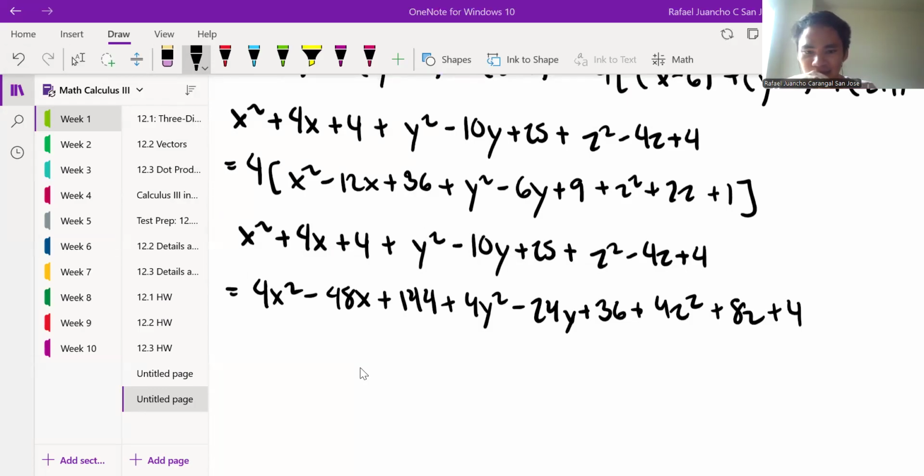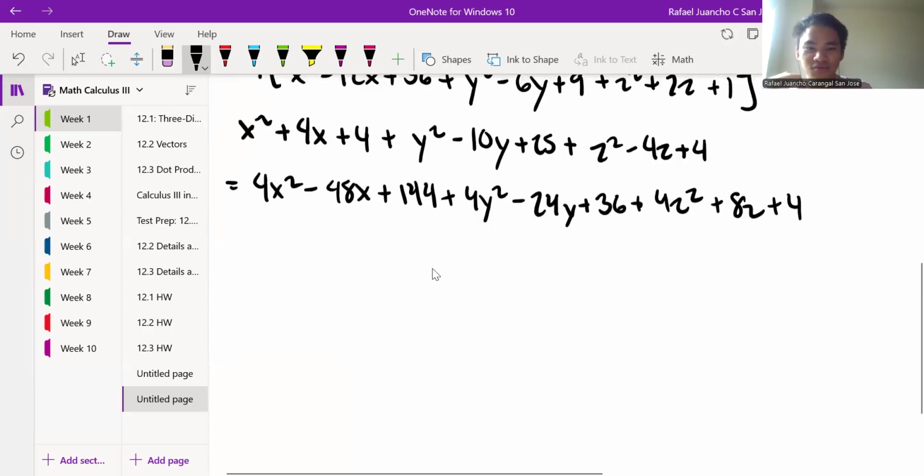Okay. And then if we continue to solve for that, we should get somewhere along the lines of putting all of the x's, y's, and z's on one side, and the ones without x, y, and z to the other side. And so I'm going to get this value. You guys can confirm it.